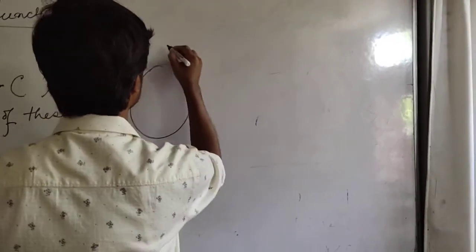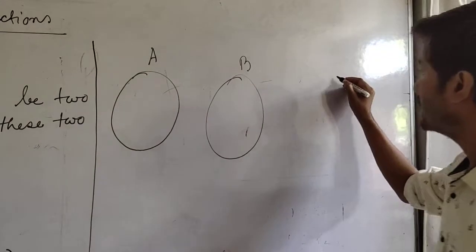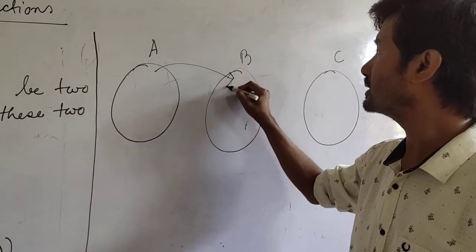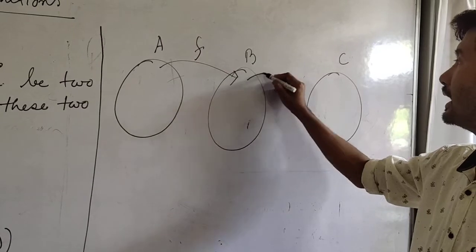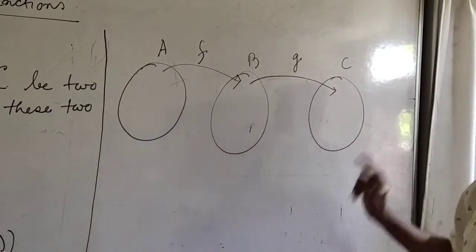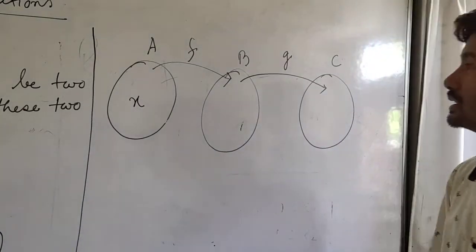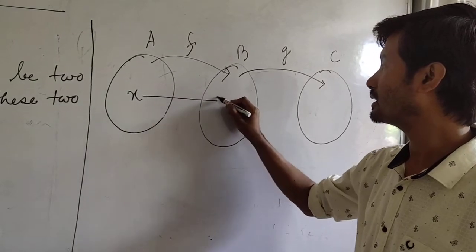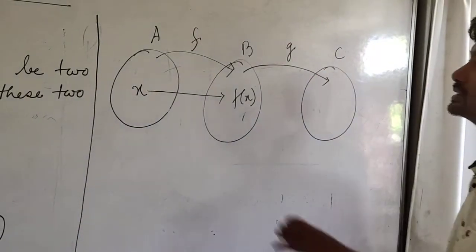So this one is our set A, this one is our set B, and this one is our set C. The first function is f, that is a function from set A to set B, and the second function is z, which is a function from set B to set C. Now for any x in the set A, since f is a function from A to B, therefore for this x we have some fx in the set B, because the function is here f.